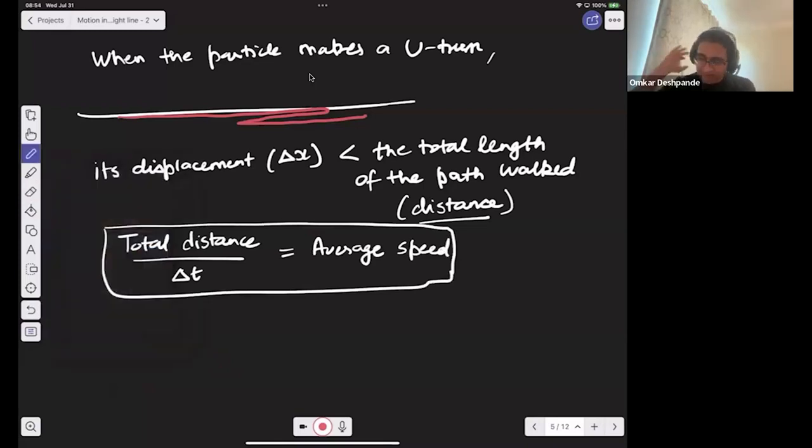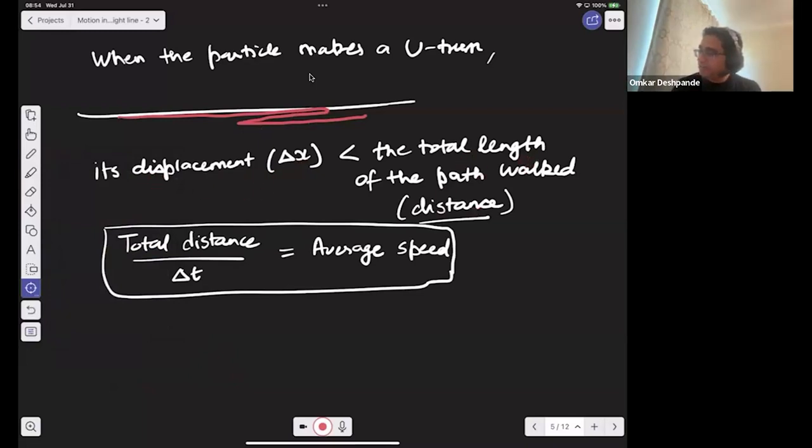And why is it being given a different name? Because the average speed may not be equal to the average velocity, just like the displacement. Whenever the particle makes a U-turn, the displacement is going to end up being less than the distance.